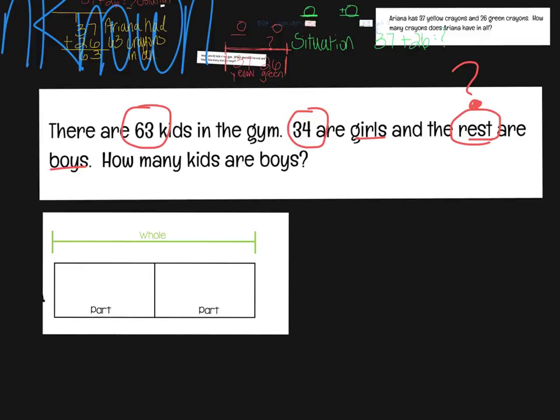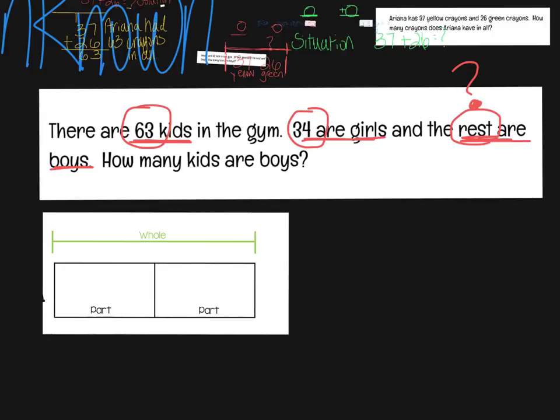All right. Now, let's go to our word problem structure because we're supposed to put in our labels. That's how it's going to make it so easy for me if I put in all my labels. So I've got the number 63, talking about kids in the gym. I have the number 34, talking about my girls. And I had that question mark there, talking about my boys. So what are my two parts?